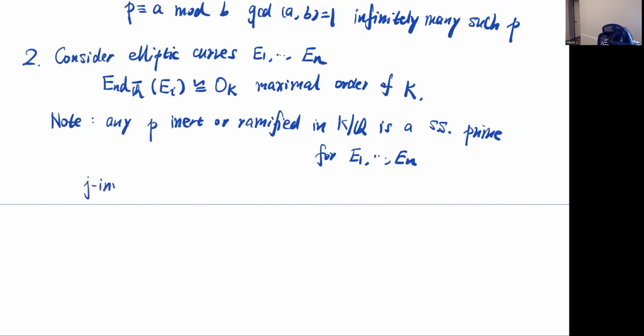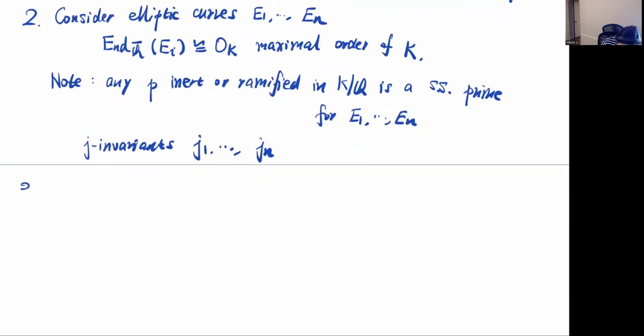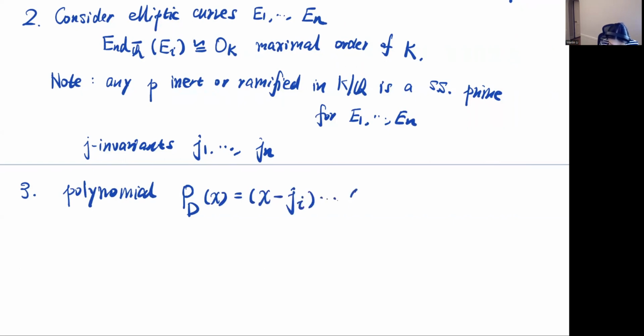I will consider this set of elliptic curves, and I will denote their J invariants to be J1 through Jn. The next step is I'm going to define a polynomial, which is called P_D. This is a monic polynomial given exactly by the product of X minus J_i over this set of CM J invariants.